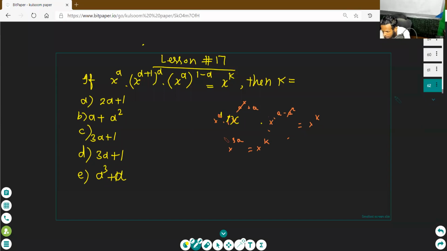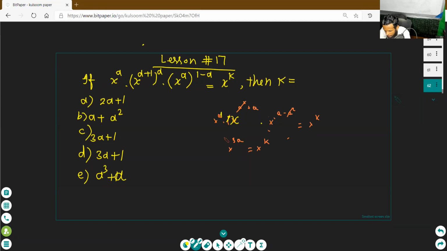This is 1 minus a. x raised power a plus 1, a into minus a square, 3a.